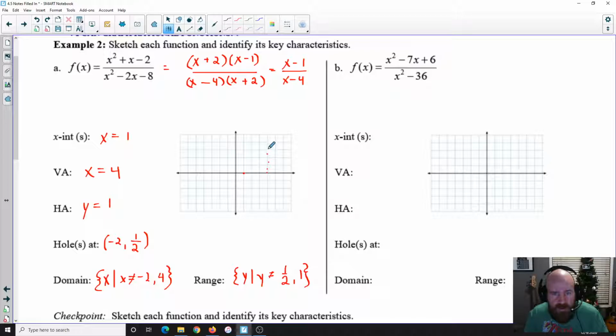So we can draw that dotted line or dashed line at x equals 4, and then we have a horizontal asymptote at 1, so we can draw our horizontal. We know we have a hole at -2 and 1/2. So our hole is right here. So we can draw an open circle here. And now all we have to do is roughly connect these.